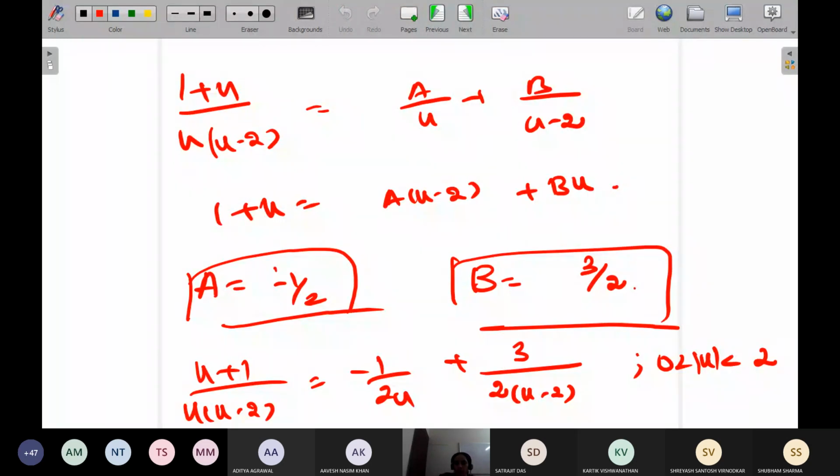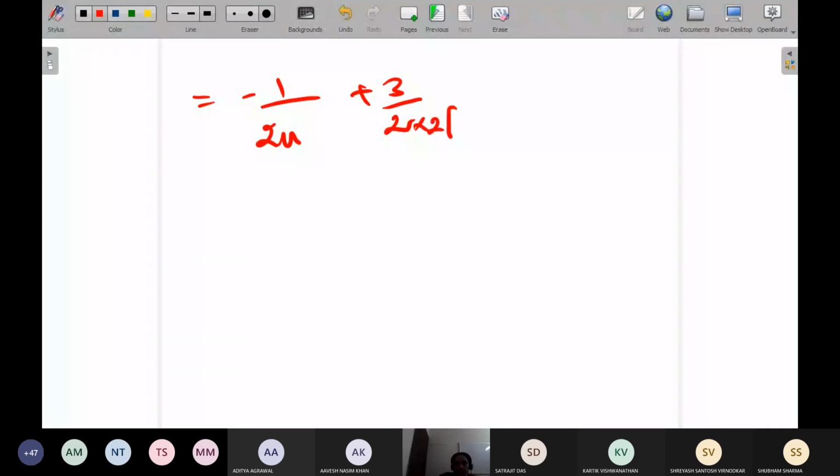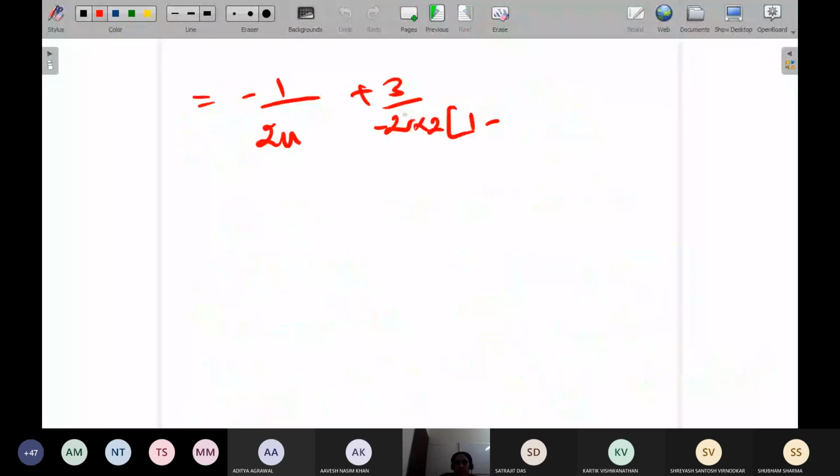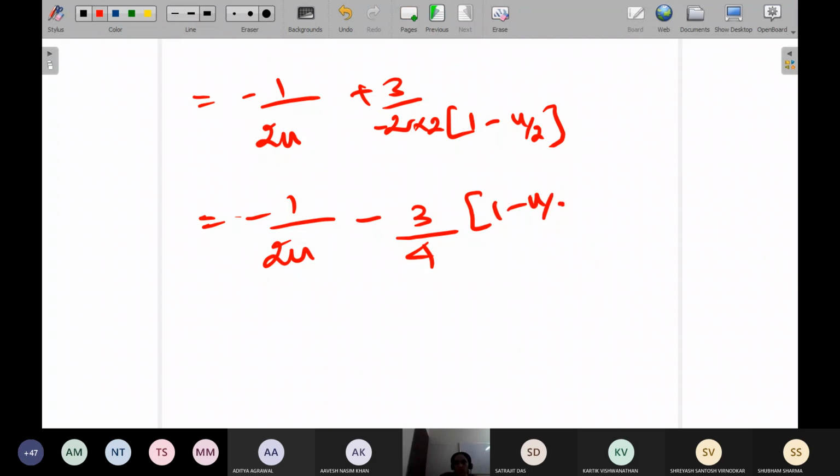So you have to take 2 outside. So you can write it as 1 minus of u by 2. So you'll get minus 1 by 2u minus 3 by 4, 1 minus u by 2 whole power minus 1.